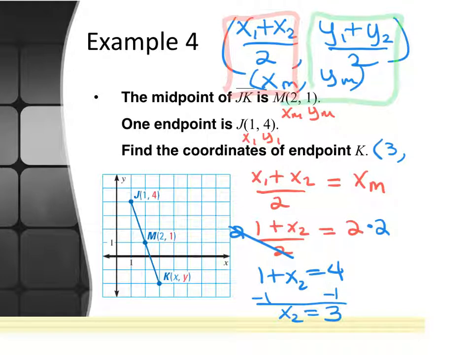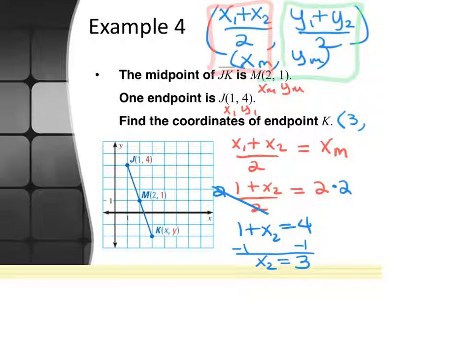I now need to do the same thing for the y coordinate of that endpoint. So again, I'm going to use the formula y1 plus y2 divide by 2 equals ym. So again, plug in what I know. So my y1 is 4. I don't know the y2. And the y of my midpoint is 1.